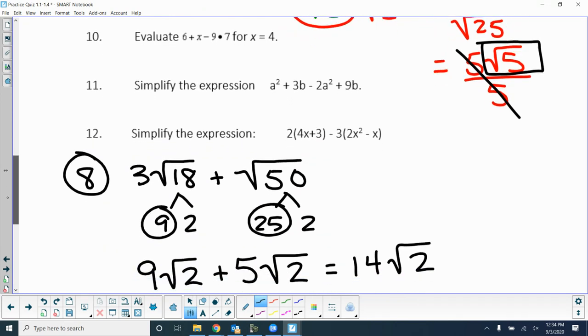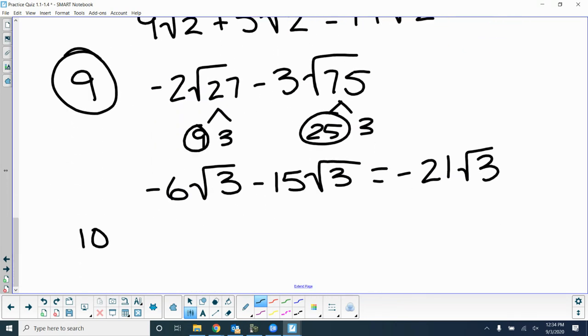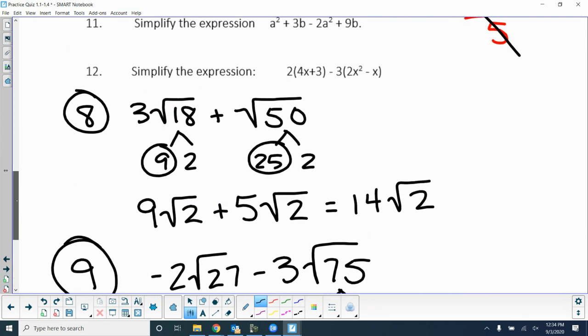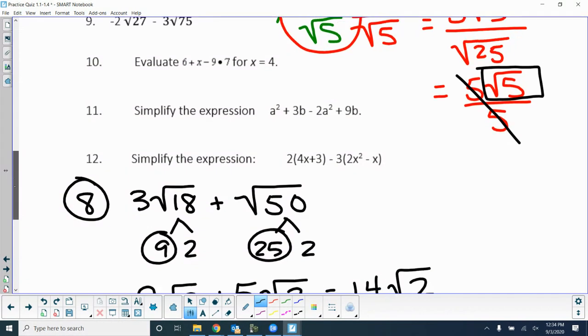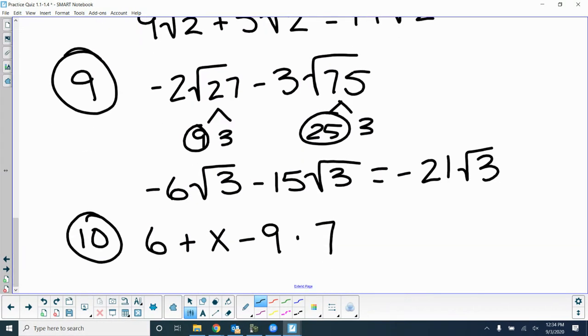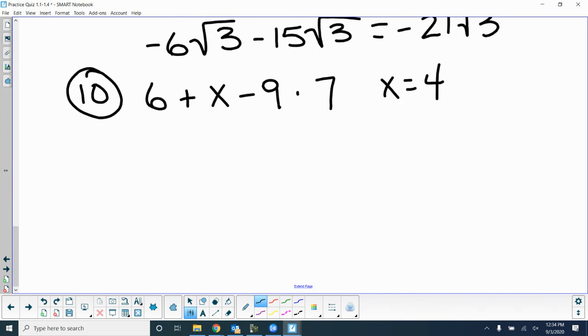6 plus x minus 9 times 7. And x was what? 3? No, 4. X is 4, right? So just substitute, and then combine like terms, follow Aunt Sally.